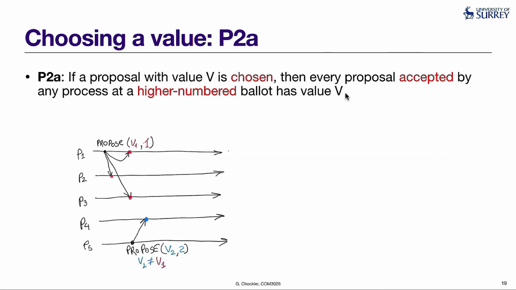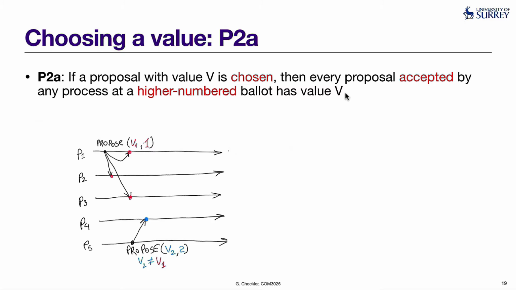So property P2A is again moving in the right direction, but the problem is that it tells the processes what to do, but it does not quite tell the leader what to do. And that poses a problem if we consider property P2A in conjunction with property P1 that we introduced before.